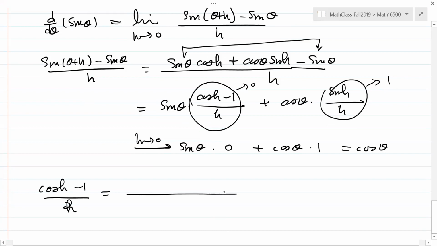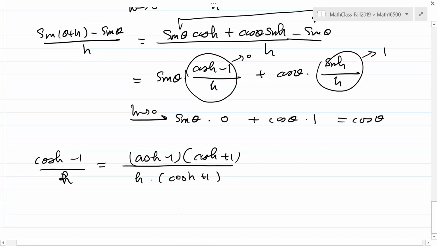How do you do that? There are a couple of ways. You can use a double angle, half angle formula. You can also multiply this by cosine h plus 1 over cosine h plus 1, okay? The reason is I want to get the cosine square.